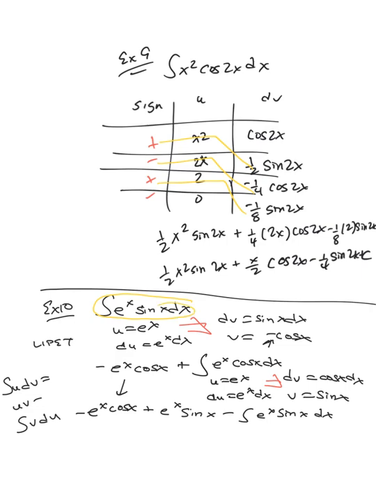All right, so let's think about it. I have the integral of e to the x sine x dx equaling negative e to the x cos x plus e to the x sine x minus the integral of e to the x sine x dx. So these are a match, right? This matches this. Can't I just bring them together?